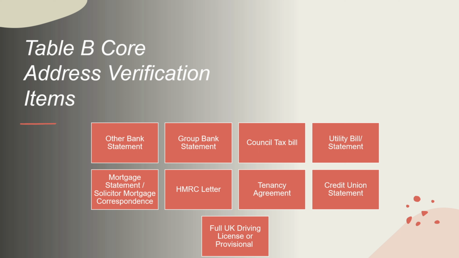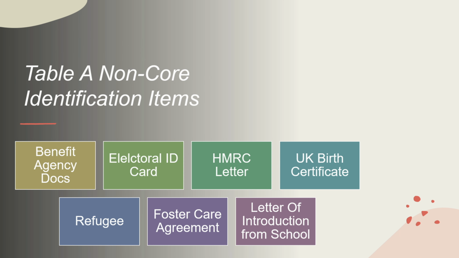Right, on this slide, remember, this is up to the discretion of the bank you want to open an account with, if you're able to give them a very valid reason as to why you don't have the main documents. So let's get into this. Table A, non-core identification items. You can use a benefits agency document.